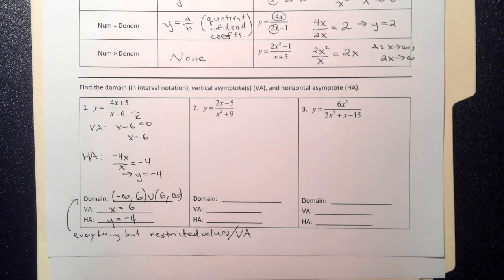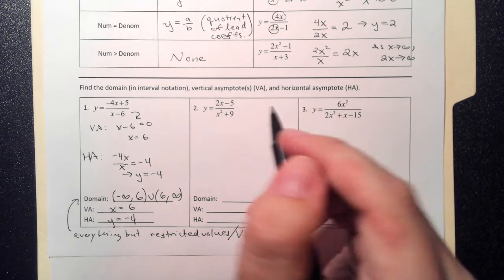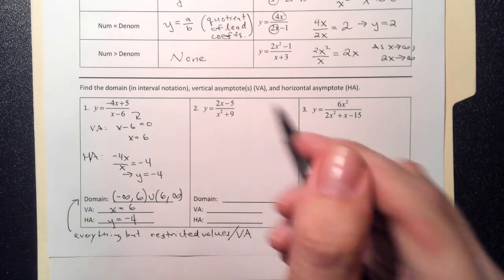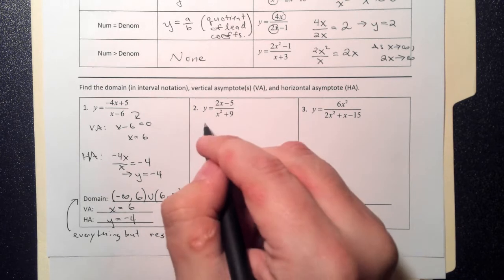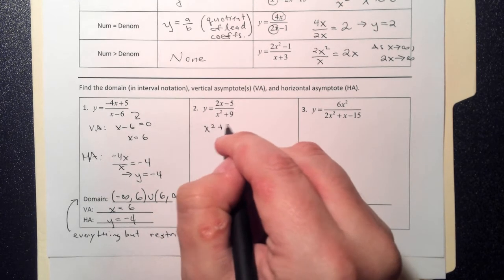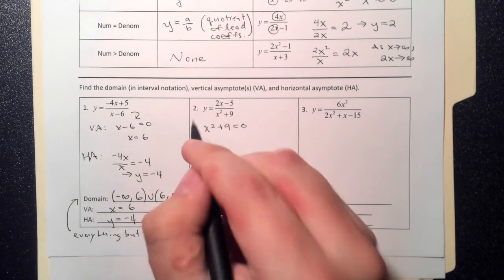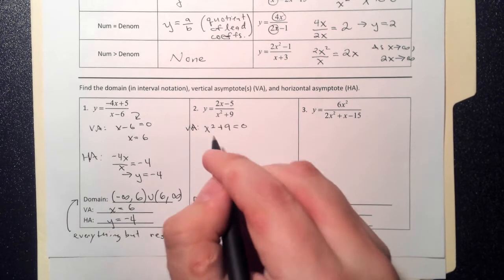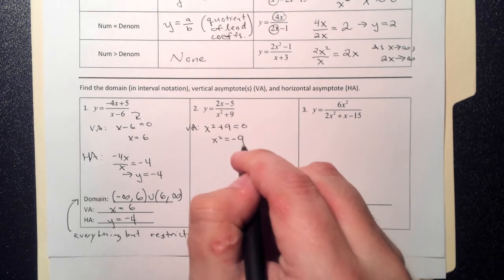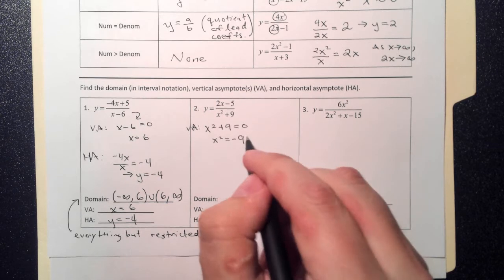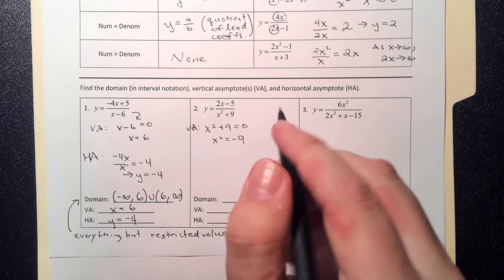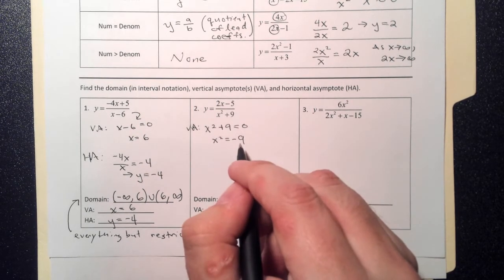Next example. 2x minus 5 over x squared plus 9. If I go ahead and look at these, again, I want to think about the vertical asymptote first. x squared plus 9 equals 0. Well, that would mean that x squared is equal to negative 9, which has no real solution. This is only true for things with i's.